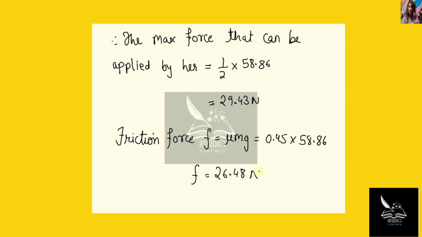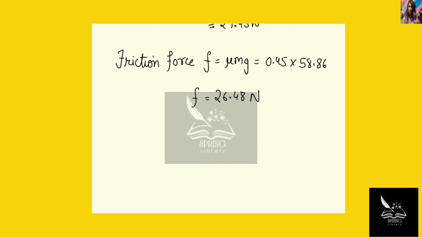So from here this force turns out to be 26.48 newtons. Now we can note that the force applied by her is greater than the friction force, and that is why the patient can walk with the toy keeping the leash horizontal.